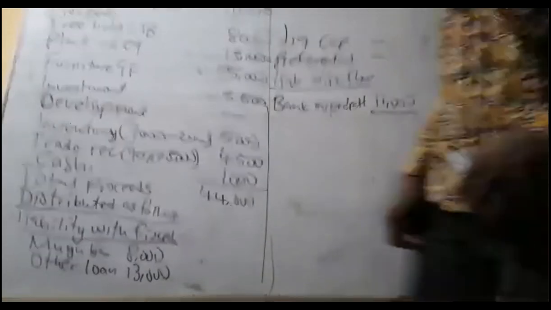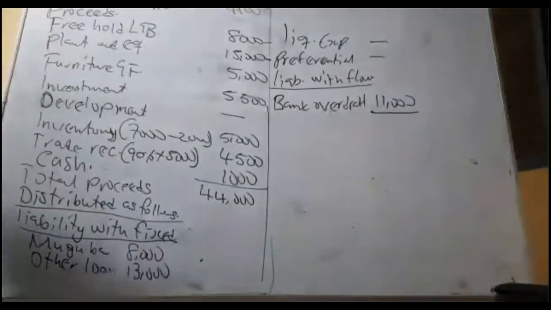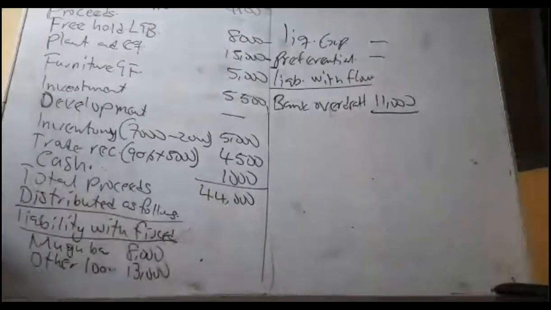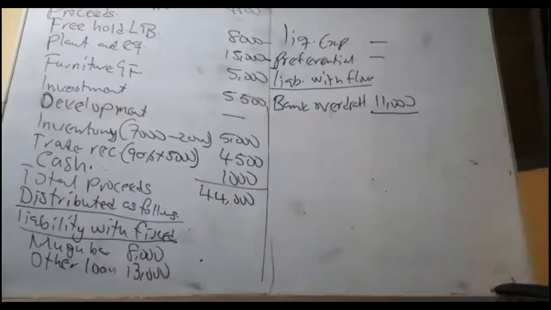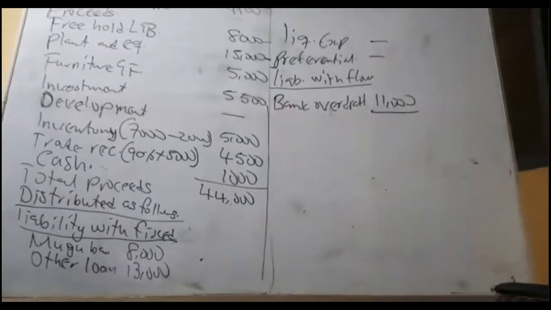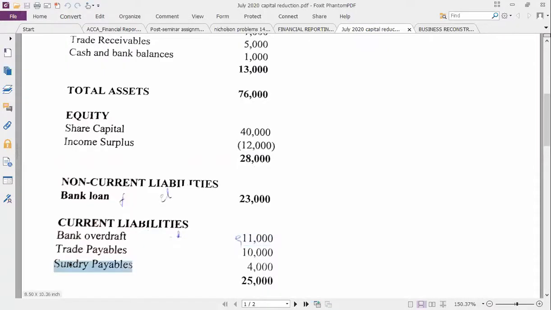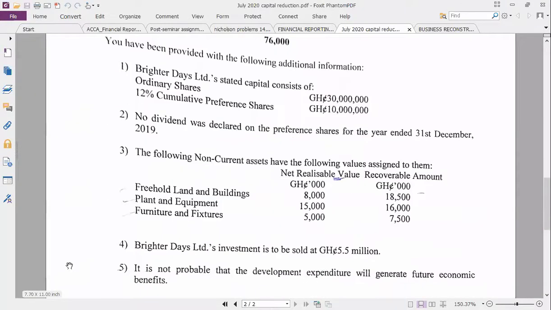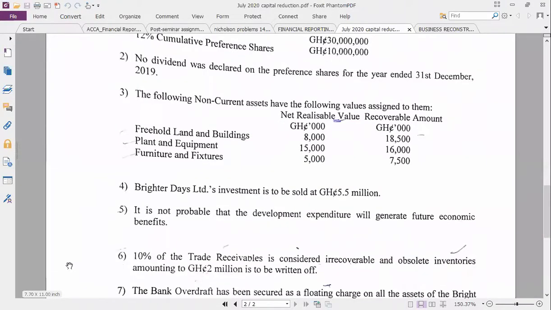Now take note: for preferential liabilities, in some cases, when you see sundry payables or sundry creditors, the examiner might inform you in a footnote that the sundry creditors represent an amount owing to the tax authorities. But in this question, we don't have something like that, so we move on.